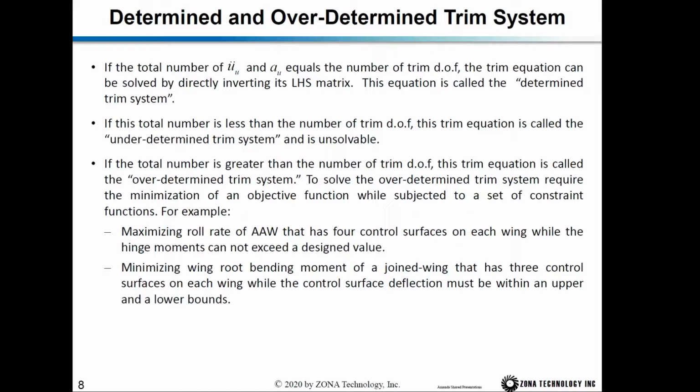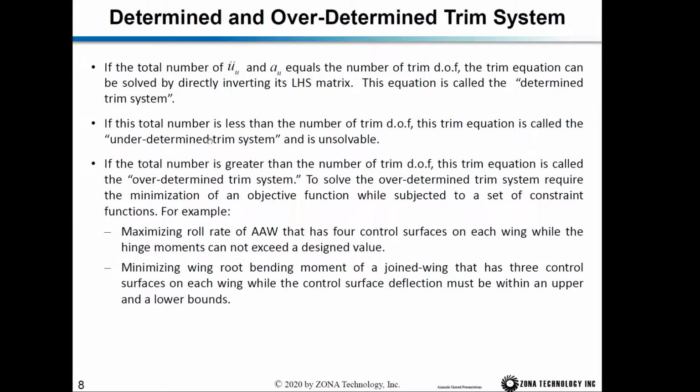Then I have two trim variables, the angle of attack and the horizontal tail deflection angle. So I have two unknowns and two equations. I can solve the angle of attack and the control surface deflection angles to achieve this 1G cruise condition. And this is called a determined trim system.